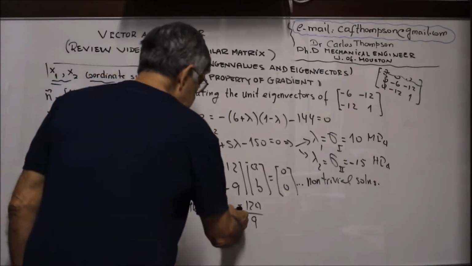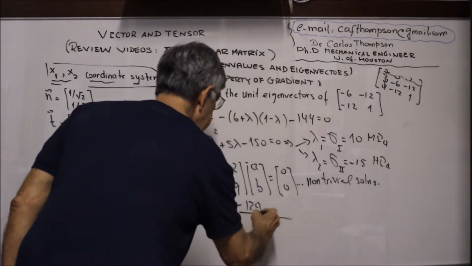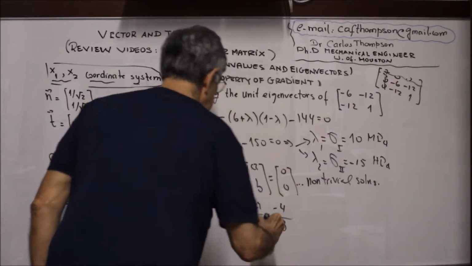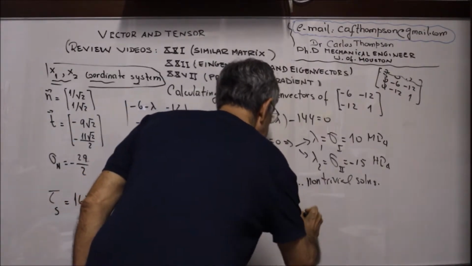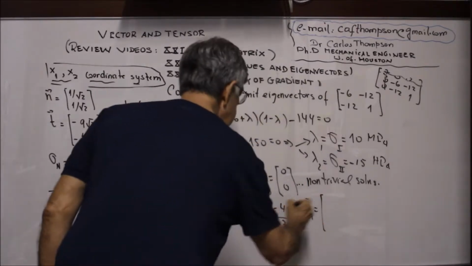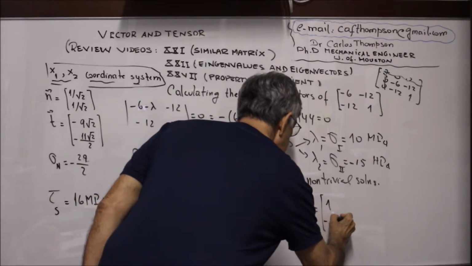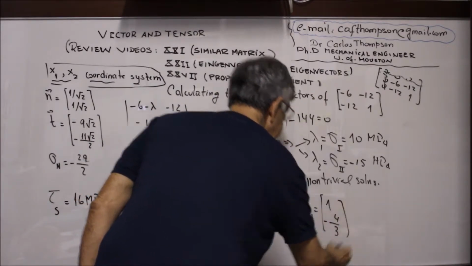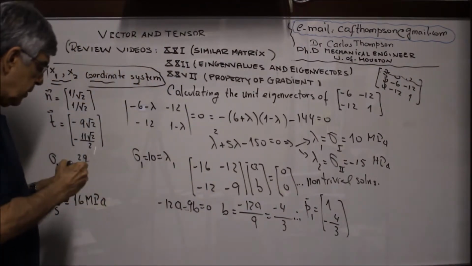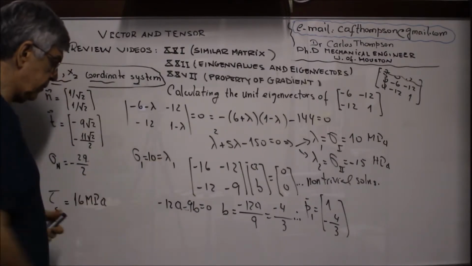So b will be, for a equal to 1, let's divide by 3, so this is minus 4, this is 3. So the eigenvector P1 will be a equal to 1 over here, and this will be minus 4 divided by 3.